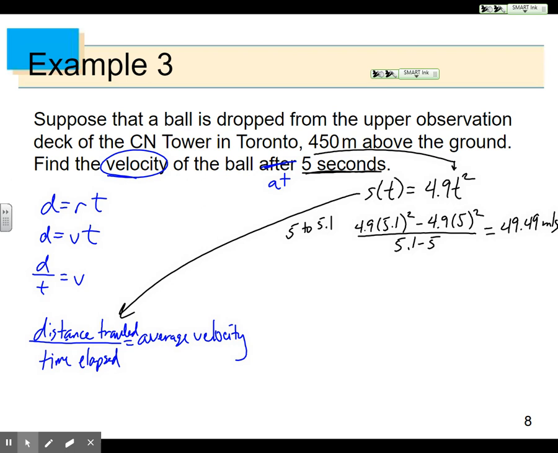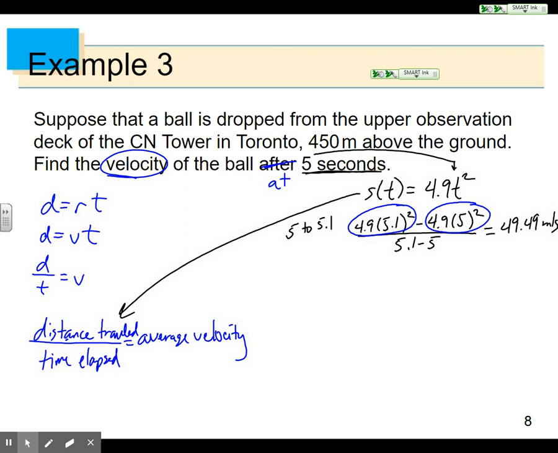I took how far the ball traveled to where it was at 5.1 seconds, minus how far it traveled to where it was at 5 seconds, and then divided it by the time it took to move there. That told me my velocity.